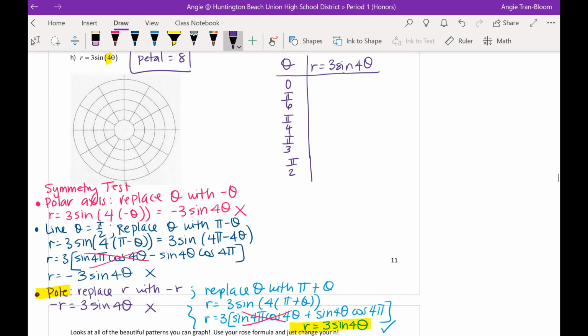So the angle is 0. Tau, what was the radius for 0? 3. Pi over 6, what was the radius? Oh yeah, go for it. Oh, you have the answer? Okay, Carlos, what was the radius? Give it to me in decimal. 2.6.